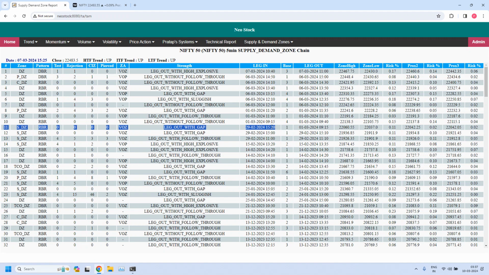What is the date? 29th February. 15:20 candle. After that, one base candle.